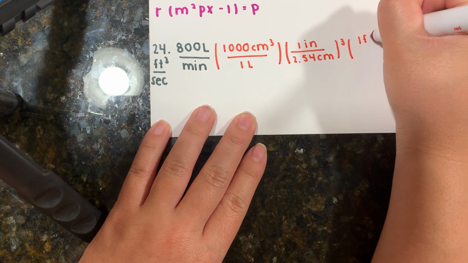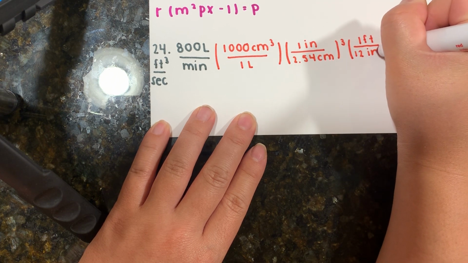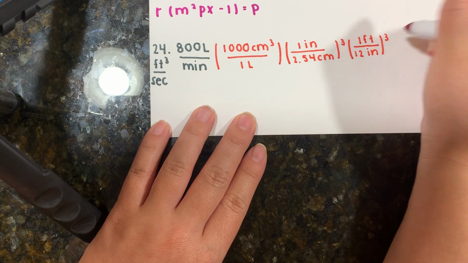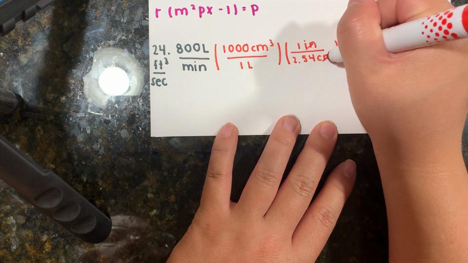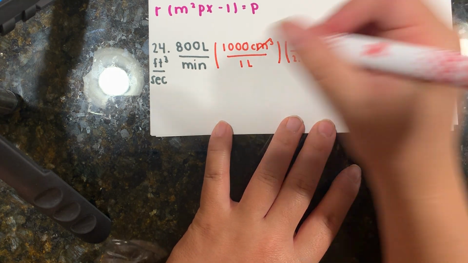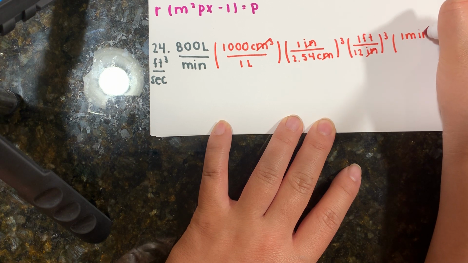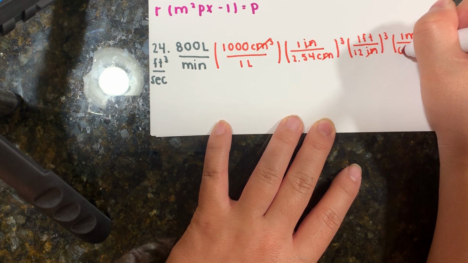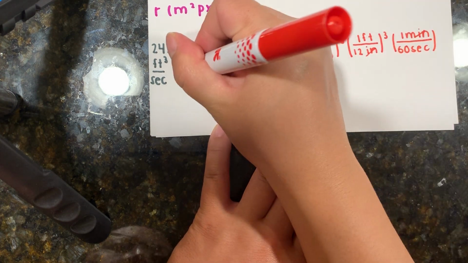And then 1 foot is 12 inches, cubed. So now I'm in feet cubed because the inches will cancel, the centimeters would cancel. And then we have to convert from minutes to seconds. So 1 minute goes in the numerator, and then 60 seconds goes in the denominator, so that our minute cancels.